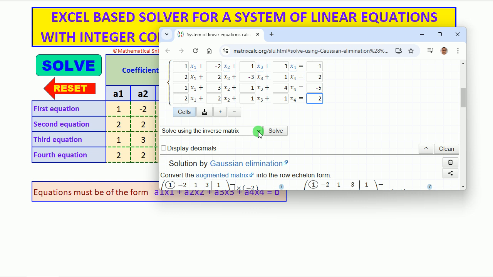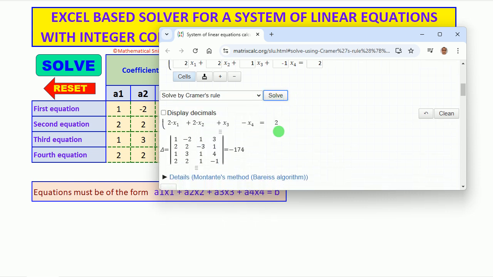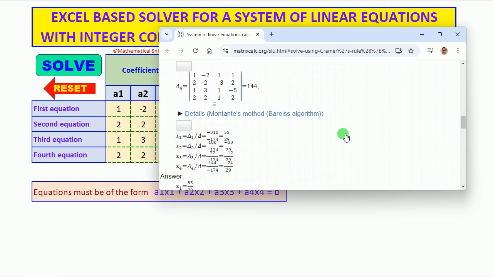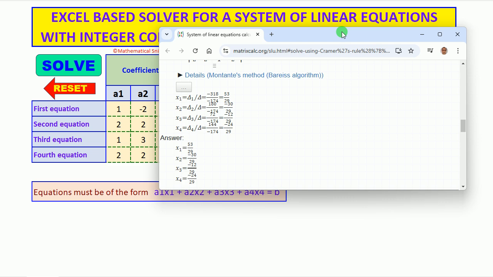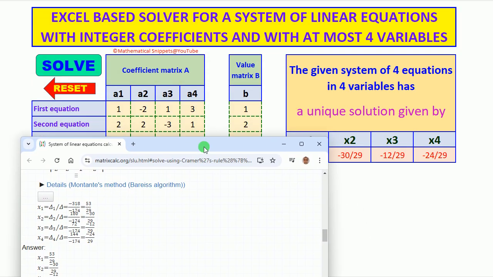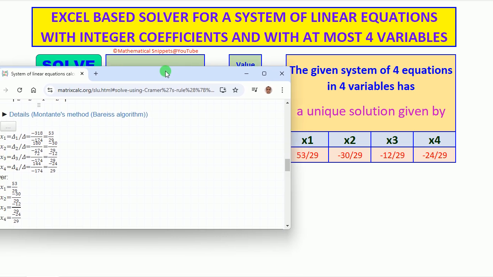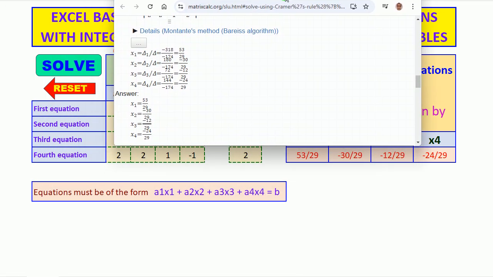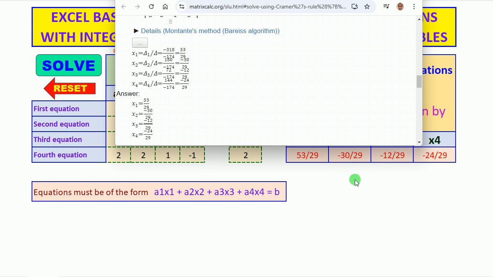And now we use Cramer's rule, solve it. So it is solved, and let us see the answer. Okay, it is not visible. Where should I put it? Yeah, here it is visible.